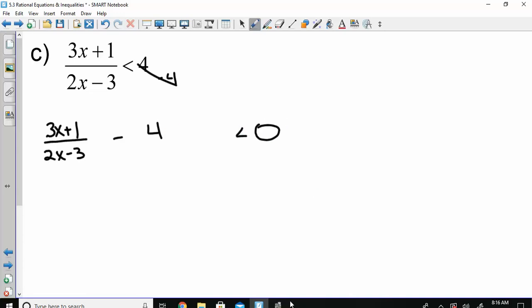Okay, so I've got my 0. Now I need this to be a single fraction. So I could think 4 is like 4 over 1. To make my denominators match, what do we have to multiply that one by? On top and bottom.